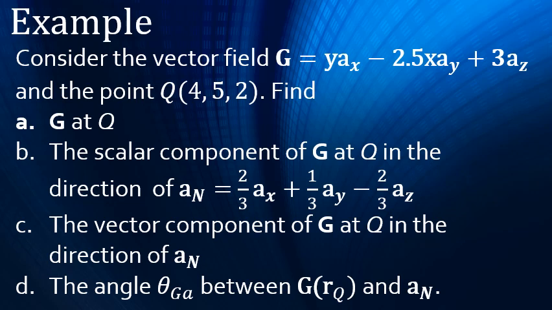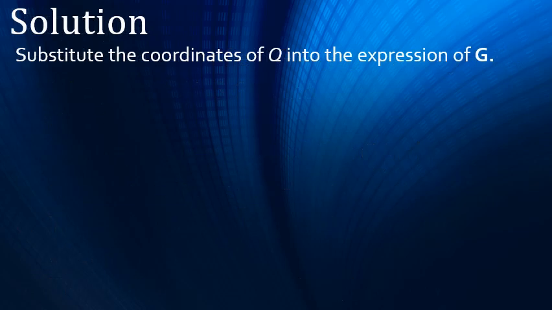Okay, kung mapapansin natin, yung field natin, ito yung sinasabi ko mga field, yung components niya, hindi na scalar, kundi mga functions na. So, meron kang y at x dyan, mga variables na x, y, z. So, solve natin. Yung G at Q, very basic lang.